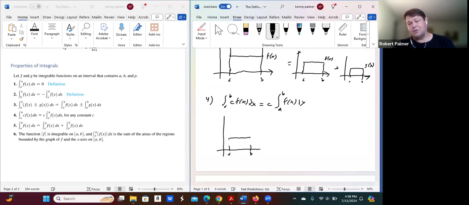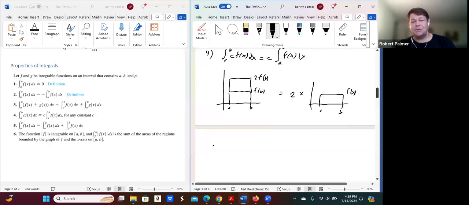If this is my function f of x, and let's say this is 2 times f of x, that area under the graph would be the same as 2 times the small area by itself. Okay, that's all that's saying.